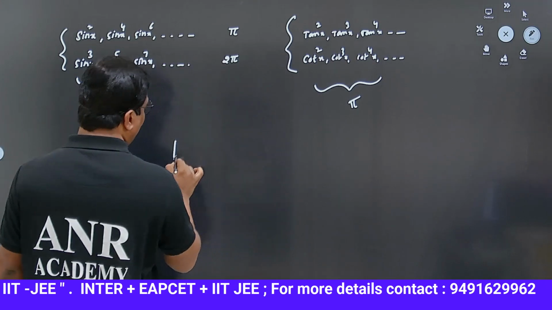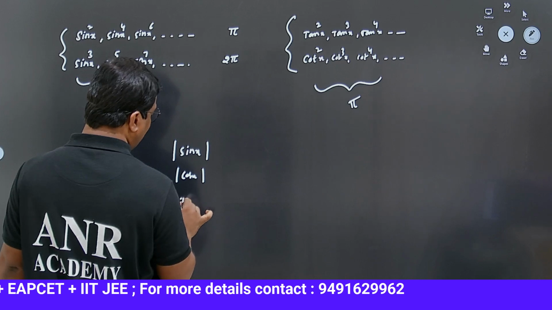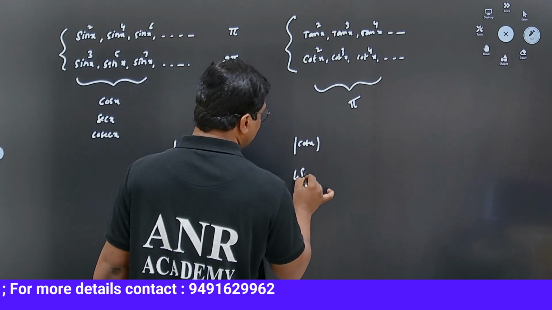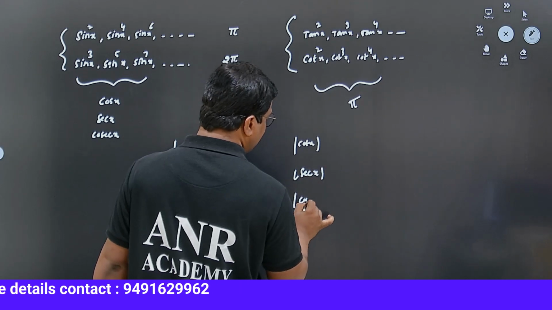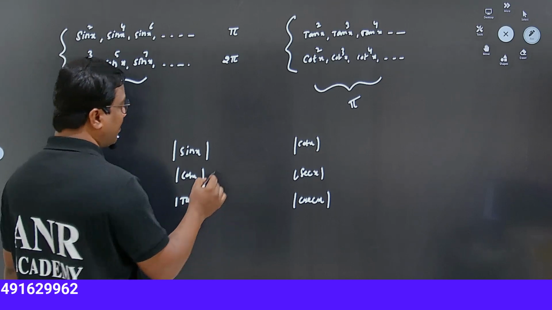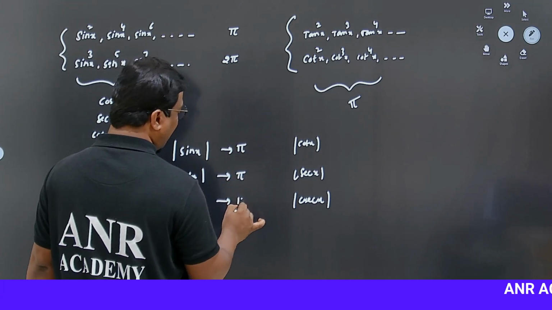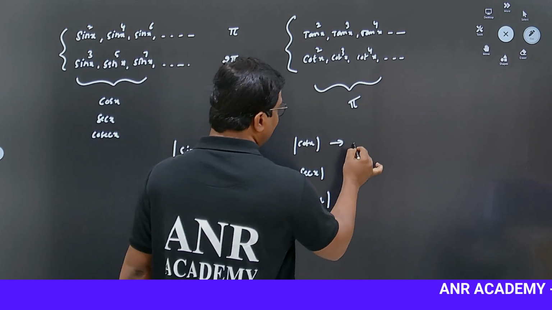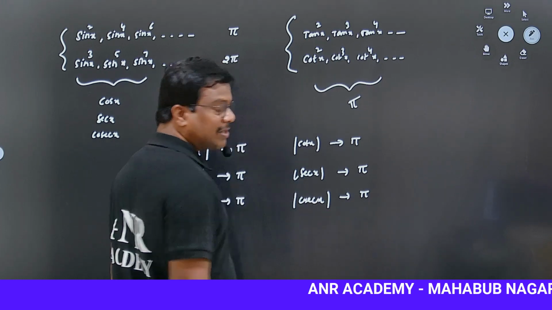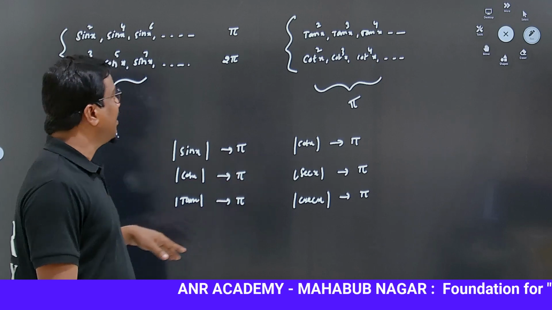And modulus sin x, modulus cos x, modulus tan x, modulus cot x, modulus secant x, modulus cosecant x: mod sin x is of period pi, remember. Mod cos x also pi, mod tan x also pi, mod cot x also pi, mod secant x and modulus cosecant x also pi. Modulus of trigonometric functions have the same period pi.